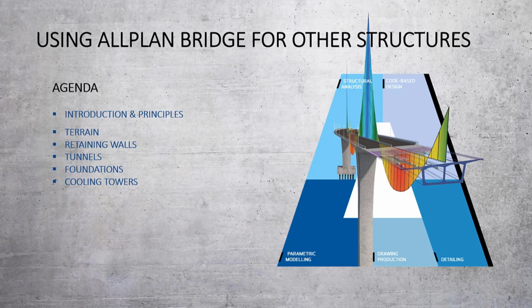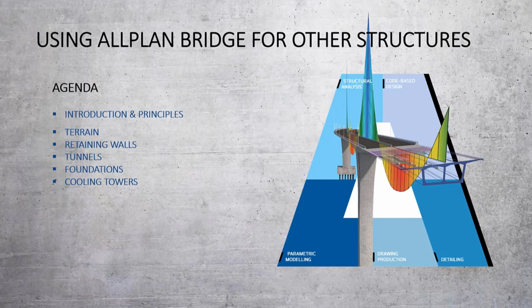And in the next steps, we are going to see a very nice visual presentation of how to model terrain, retaining walls, tunnels. We will share a few tips and tricks how to more efficiently model foundations. And maybe the last point that is not really part of the infrastructure, but it's also very interesting to see that we can also do something completely different like cooling towers.